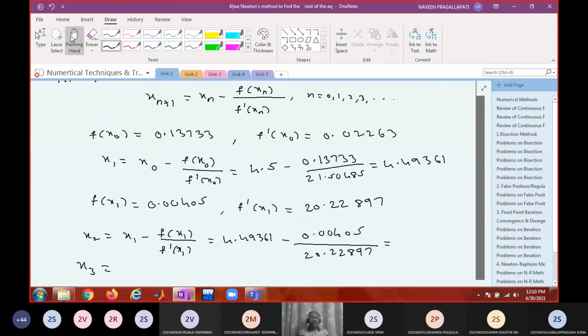See, if you update this value in A, this value in B, and this value in C, you simply have to find A minus B divided by C. You don't need to substitute the values every time. What is the x2 value? 4.4934. 4.49340. So you just want one more calculation.